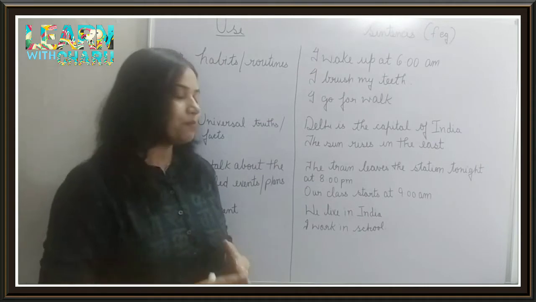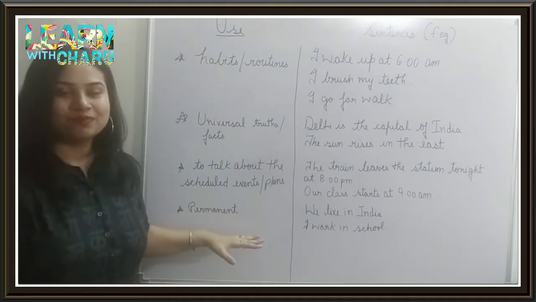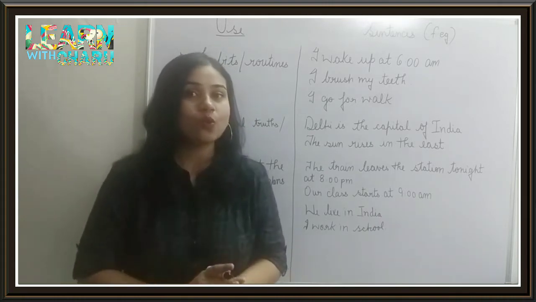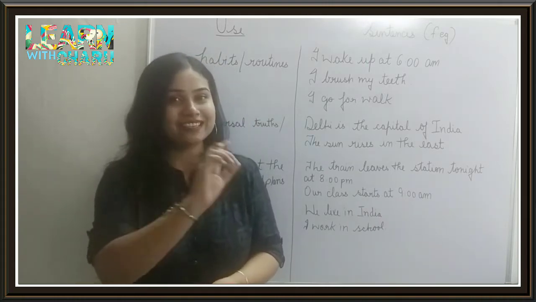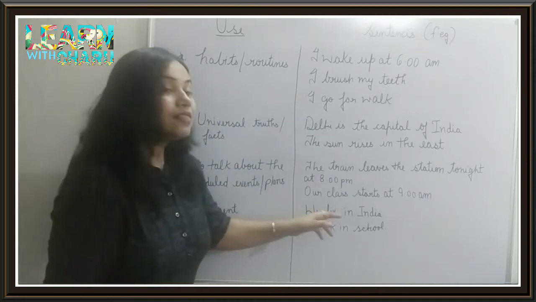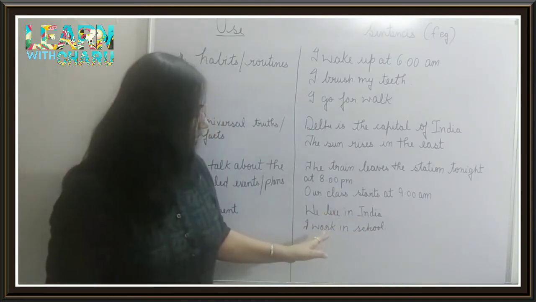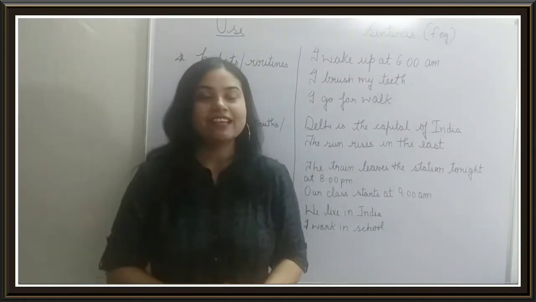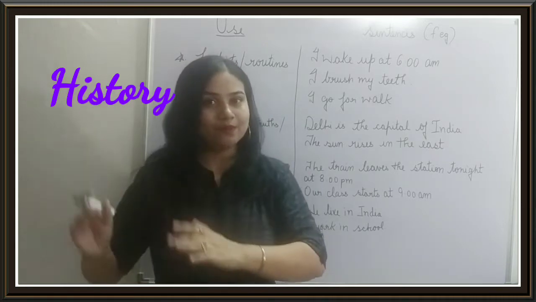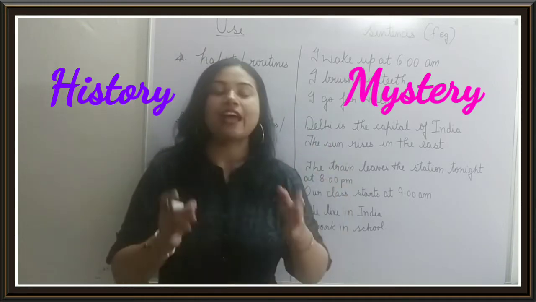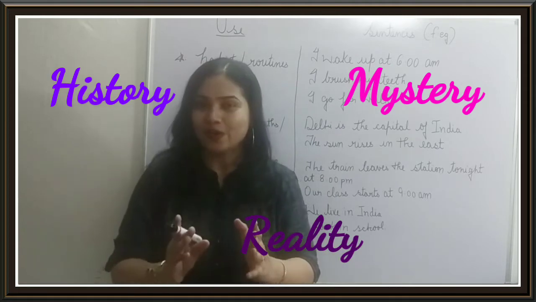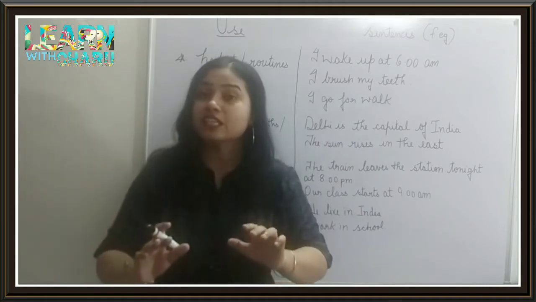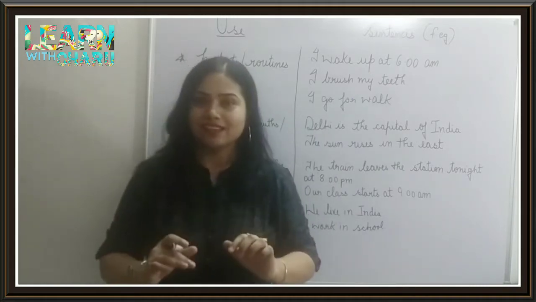And the most important part is now permanent. Okay? When the situation is permanent, at that time also we use simple present tense. For example, we live in India. I work in school. As I told you earlier, the past is the history, the future is the mystery, and the present is the reality. So here it is the reality that at present, and it's a permanent situation, that we live in India.